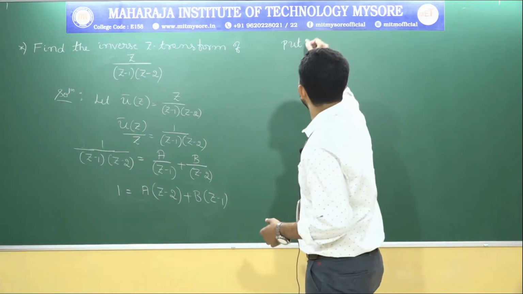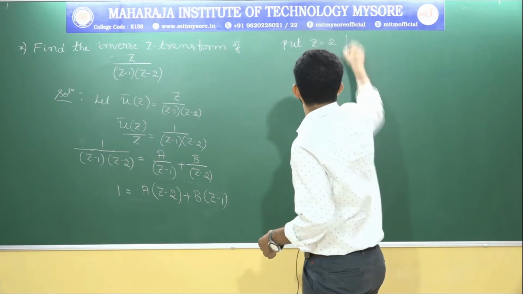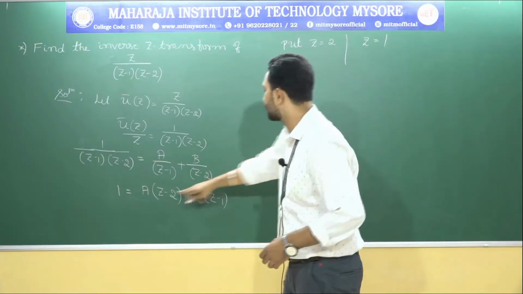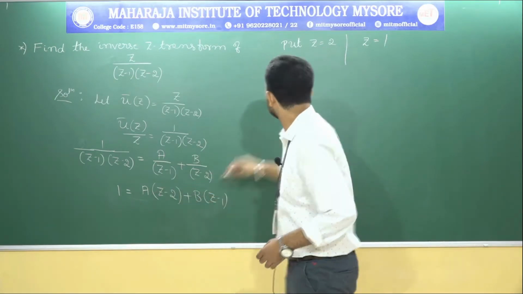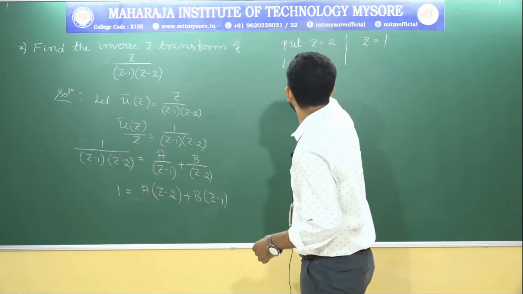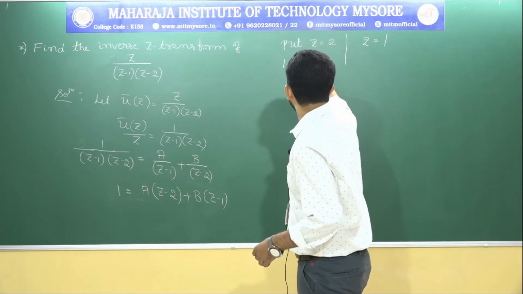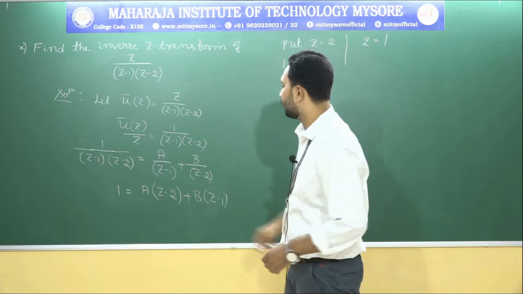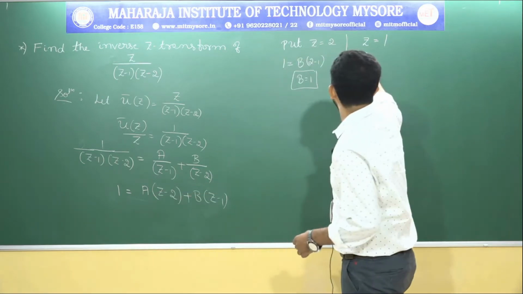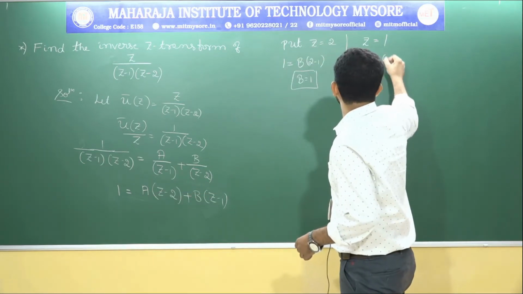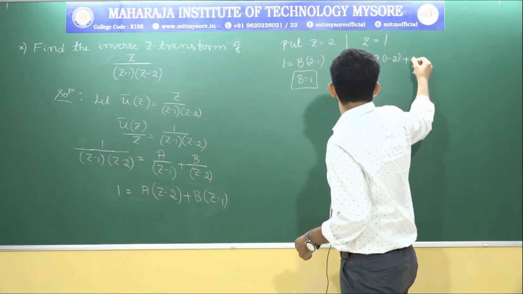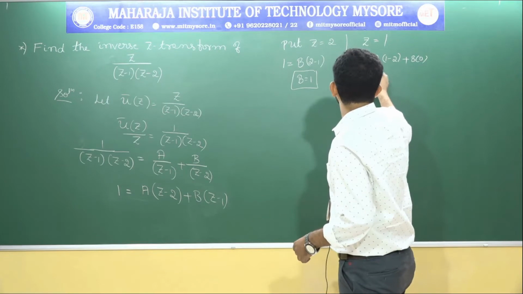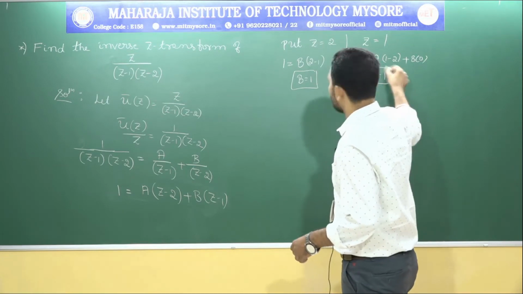So put Z equals 2 and Z equals 1. If we put Z equals 2, 2 minus 2 is 0, so 1 equals B into 2 minus 1, that is the value of B is 1. If we put Z equals 1, we will get 1 equals A into 1 minus 2 plus B into 0, that is A equals minus 1.